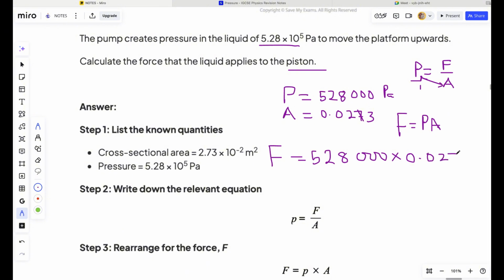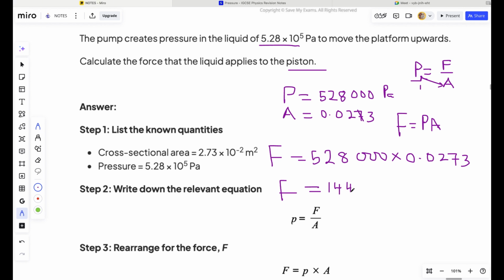So let's see what we get if we multiply this. The force in Newton. Remember, force will be in Newton. So our force is equal to what? 528,000 times 0.0273, we get 40,414.